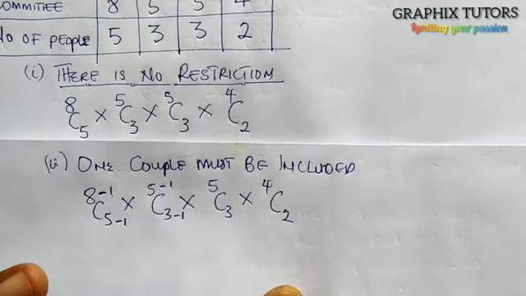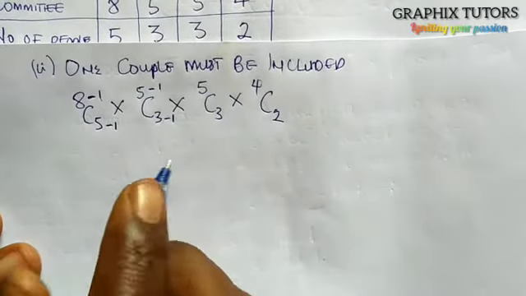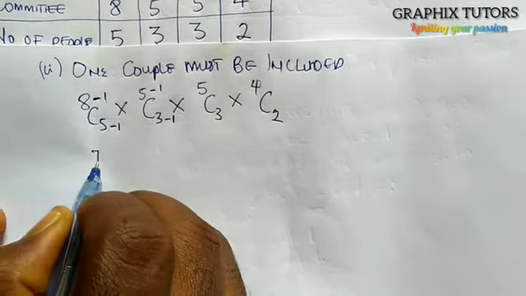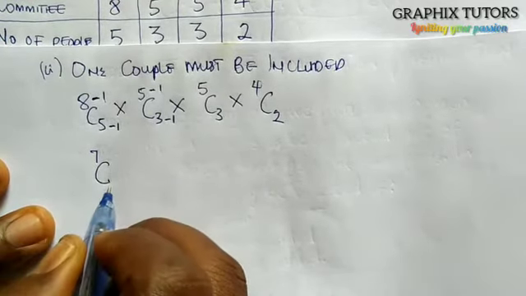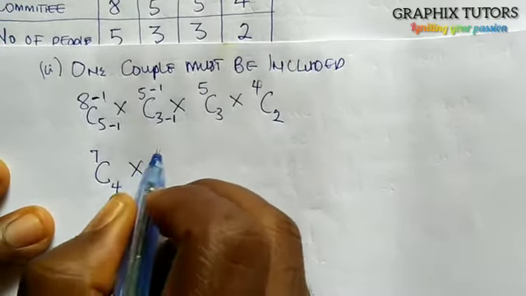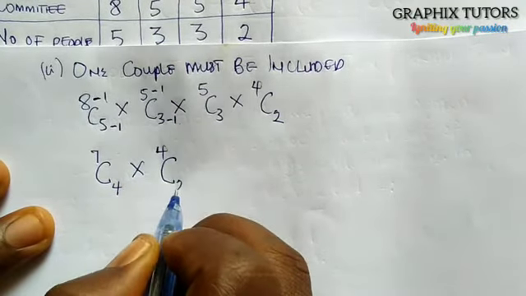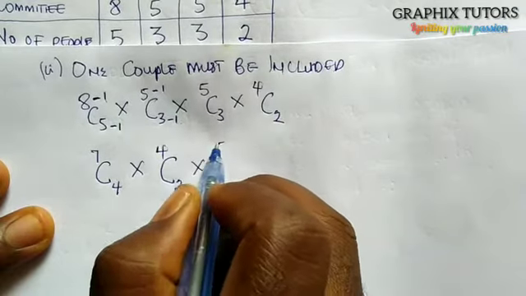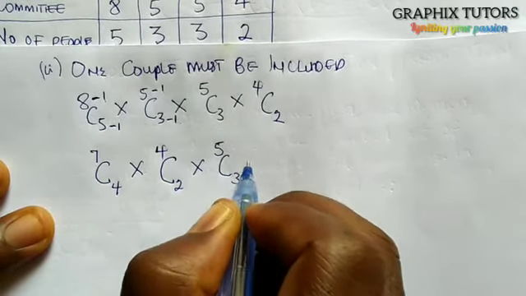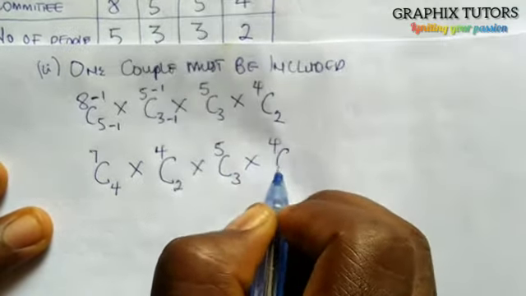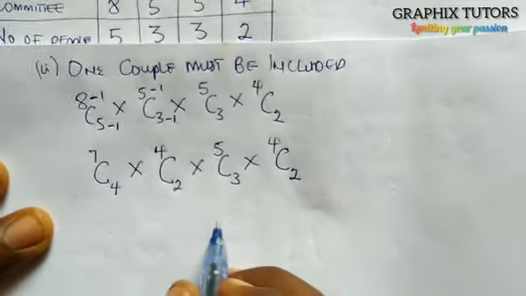So if I'm to rewrite this now, I'm going to have 8 minus 1 means 7, combination 5 minus 1 means 4, times 5 minus 1 means 4, combination 3 minus 1 means 2, multiplied by 5 combination 3 times 4 combination what? 2. So this is what I'm having here.